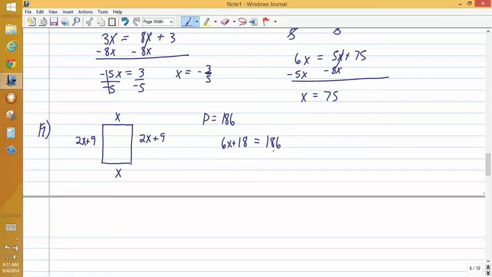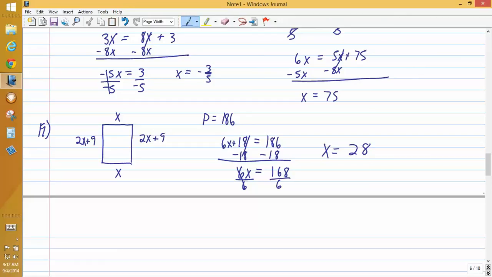And here if I solve for x, I'll get the width. So subtract 18 from both sides. I get 6x equals 168. Divide both sides by 6. I get x equals 28.